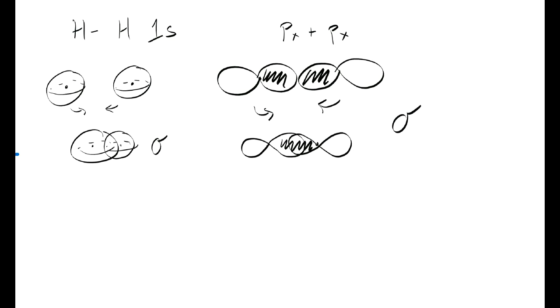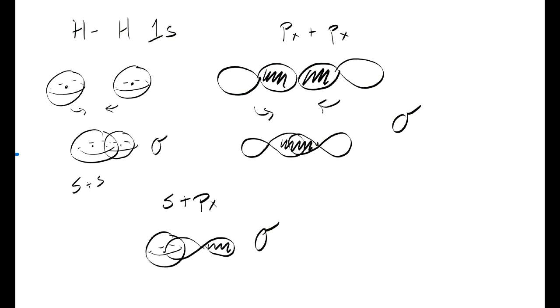So this is another sigma bond. And then you can also get an s and a px. Just to draw them overlapping really quickly. This is yet another sigma bond. So those are the 3 sigma bonds: S and S, S and P, and P and P, PX and PX.